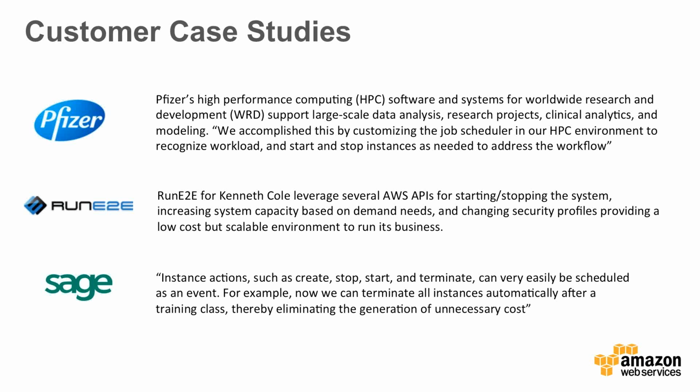Run E2E, Kenneth Cole and Sage both utilize similar start-stop strategies to optimize usage and eliminate unnecessary costs. All these customer case studies can be found on our website, so please go to your favorite search engine just by searching on AWS and the words customer case studies. You will be able to find a lot of these case studies on our website.